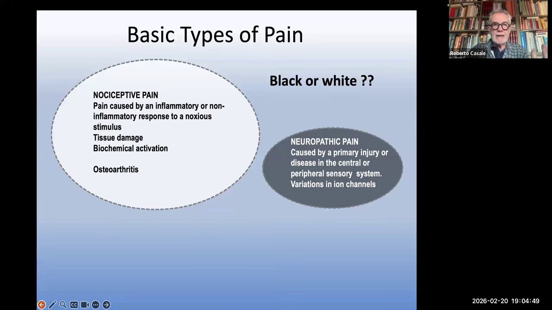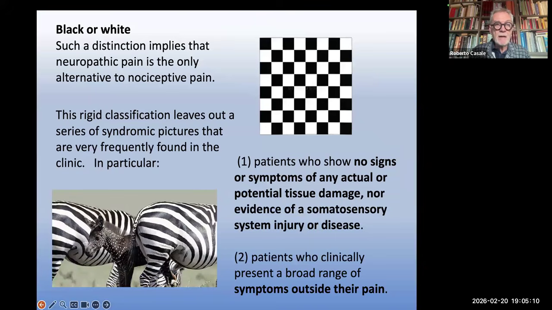One or the other, nociceptive or neuropathic. This, of course, left outside a lot of clinical pictures in which we have neither a nociceptive nor a neuropathic condition.